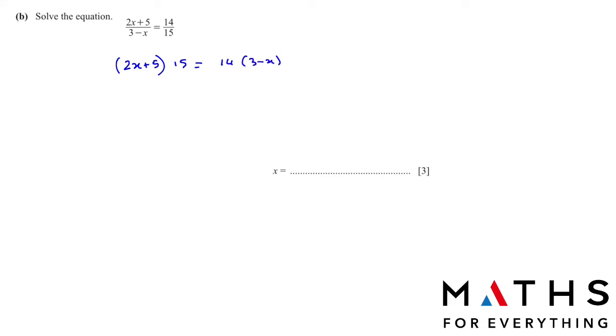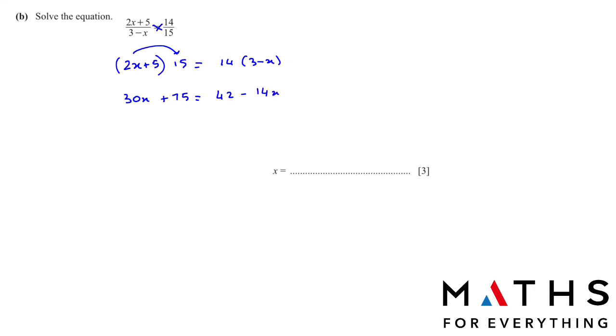We just cross multiplied like this. Expand the bracket. 2x multiplied by 15 will give us 30x, and 5 times 15 will give us 75. 14 multiplied by 3 will be 42, and 14 multiplied by negative x is negative 14x.